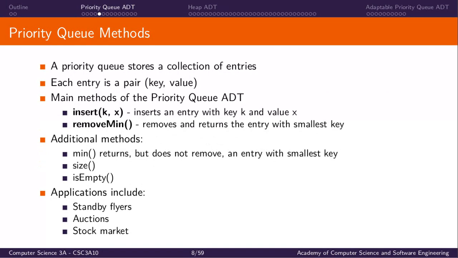Those keys should have some meaning, some relation to the values that we are storing, and they allow us to compare those entries based on those keys. We're then able to get whichever entry has the highest priority by finding the one that has the minimum key. To do that, we must be able to compare the keys.